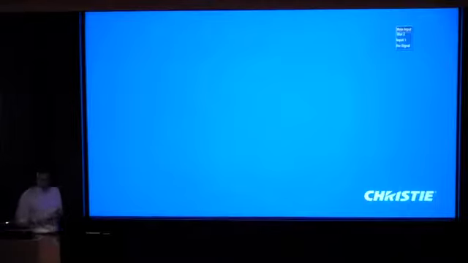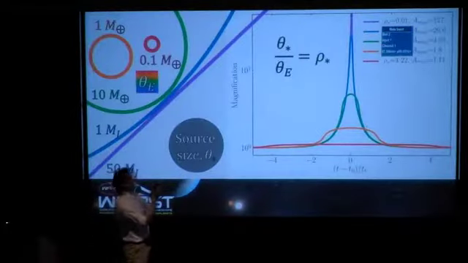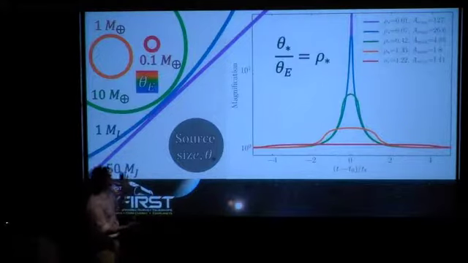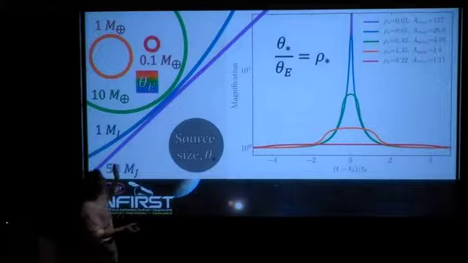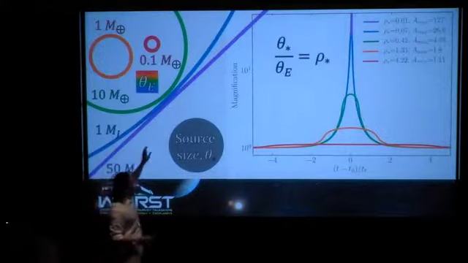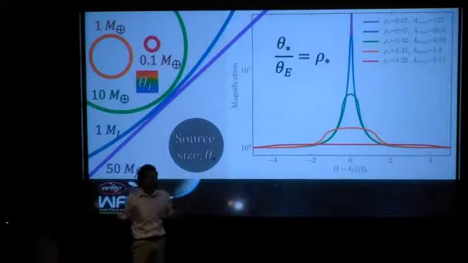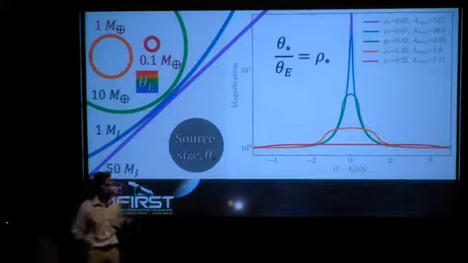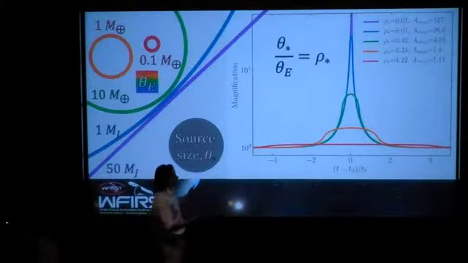And just to talk about finite source effects again, here the gray circle shows the source, and some typical Einstein ring sizes would be here in the red, orange, green, blue, and purple. Then we can see what effects, for essentially the exact same event except for changing the mass of the lens, there are on the magnification curves.